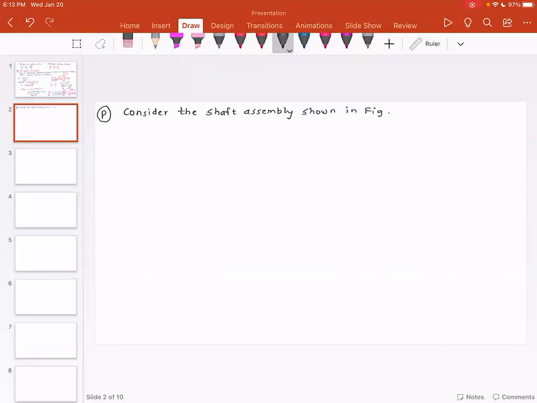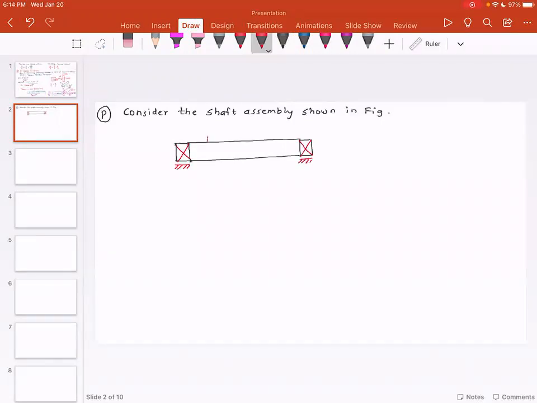Now what we have in this figure is this shaft, which is supported at the ends. So here there are bearings. So this is where the shaft is supported. And there are two pulleys.